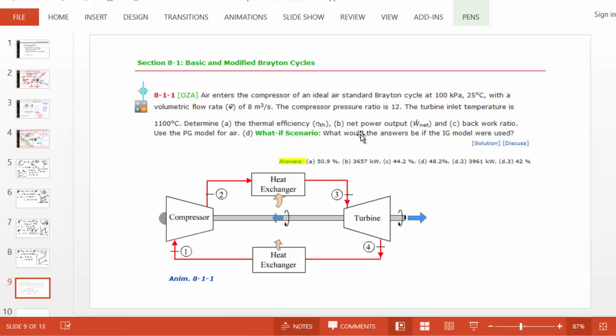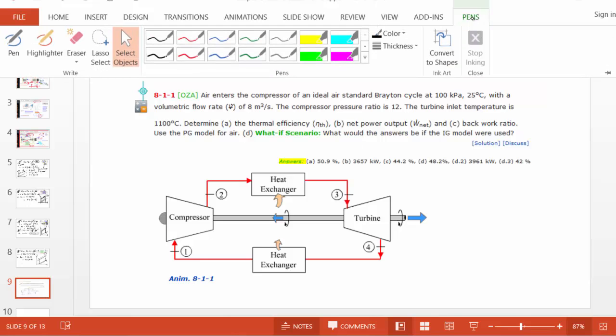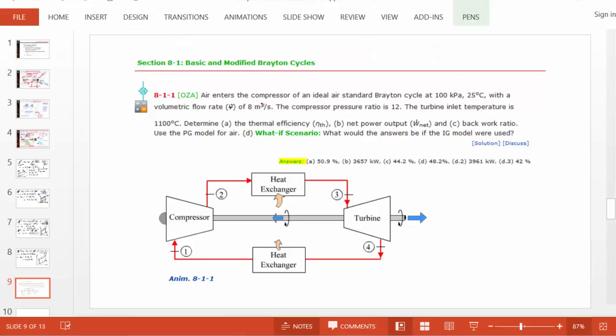What is given here is that this is an air standard Brayton cycle. Air is entering at kind of atmospheric condition, 100 kPa, 25 degrees Celsius. And the volumetric flow rate is given. In other words, the mass flow rate is not given, and we know how to convert volumetric flow rate into mass flow rate.